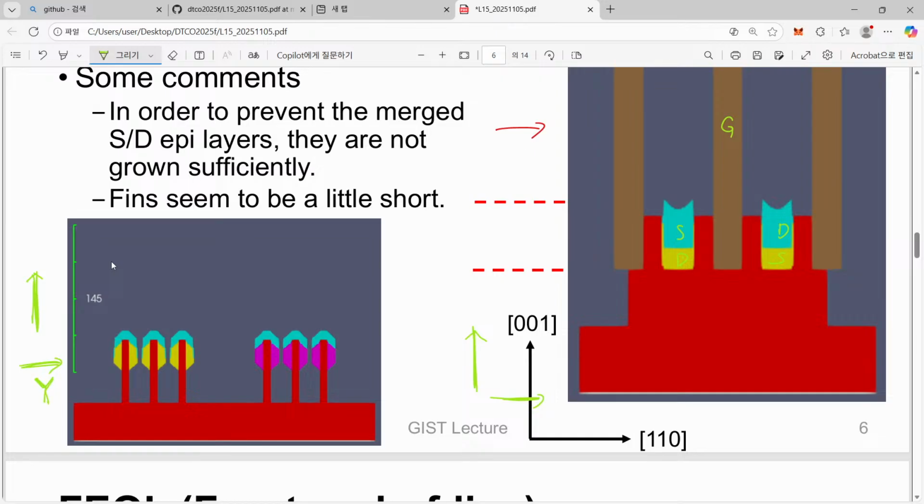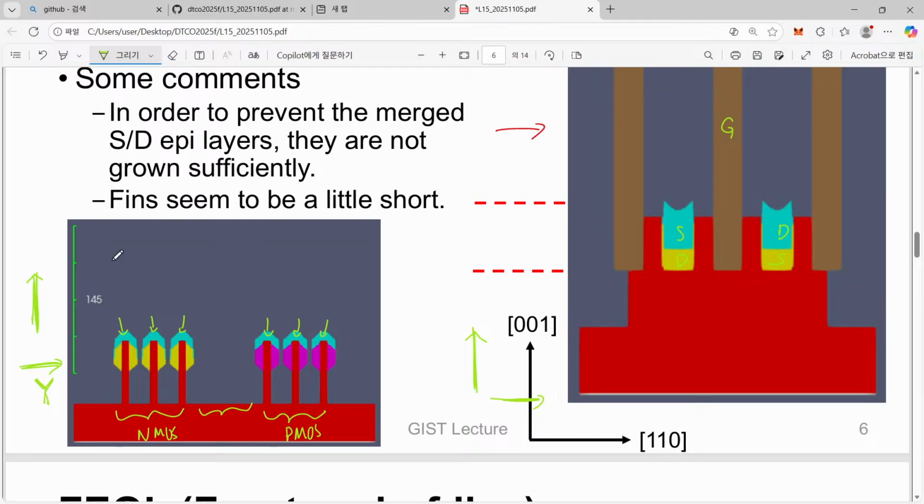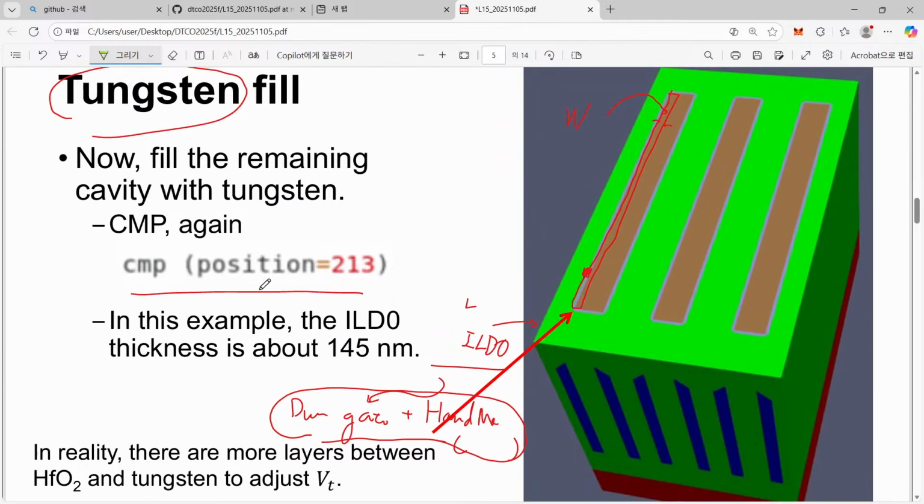Then you can find that there are NMOSFETs and also PMOSFETs, 3 pins, and they are separated by certain distances, and these correspond to silicide, and right now it is covered by ILD0. So it is not actually connected to the external world. That is the situation up to now.